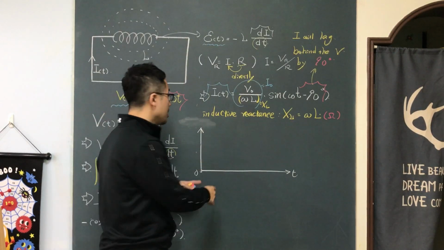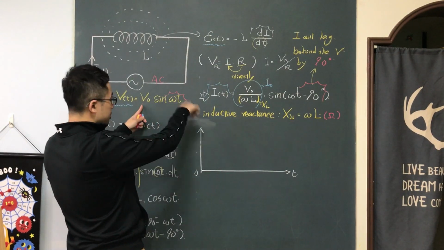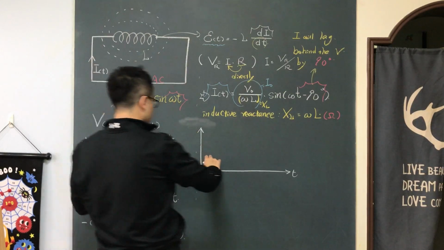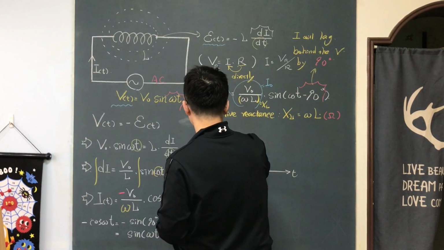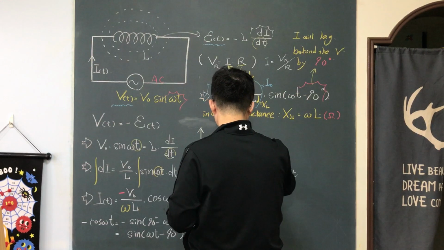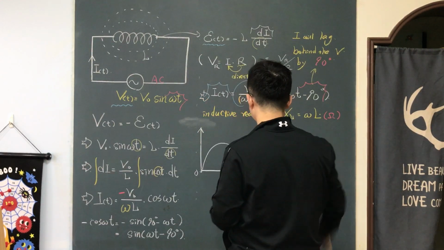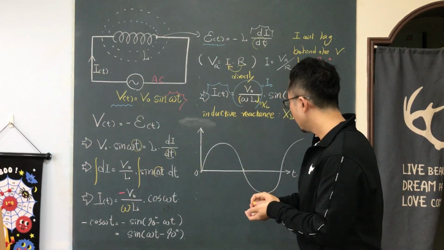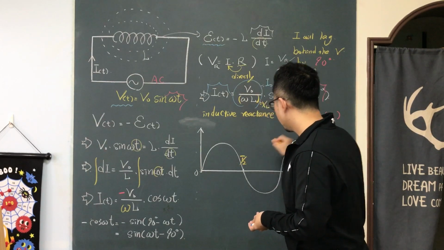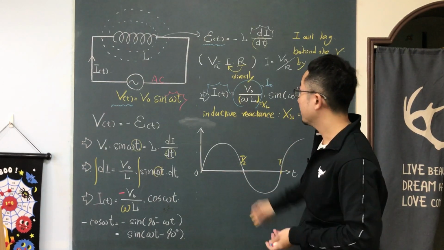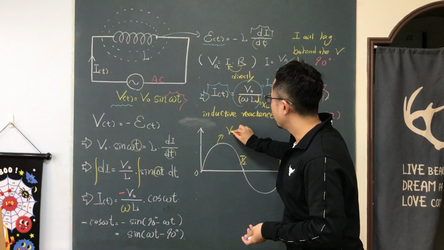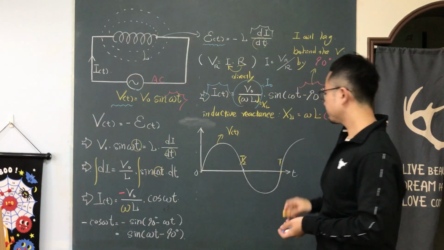Here is the picture. This is the sine function for your voltage. This is half of the period, and this is the period.